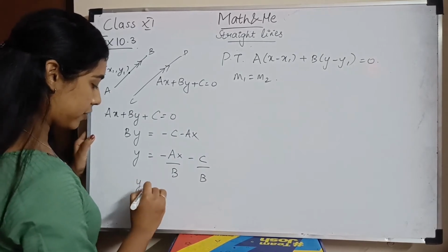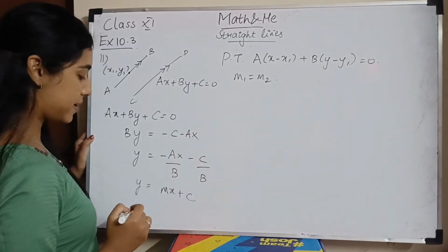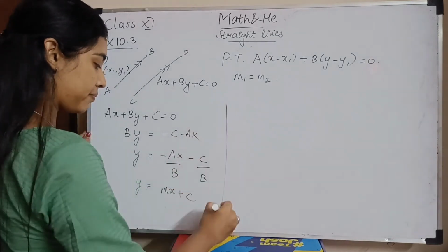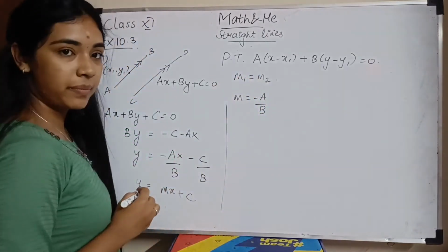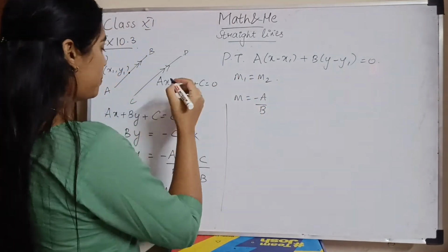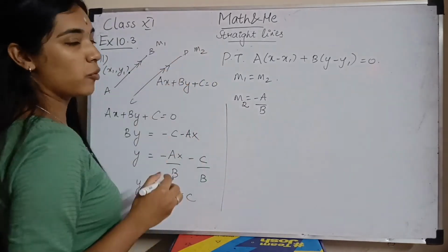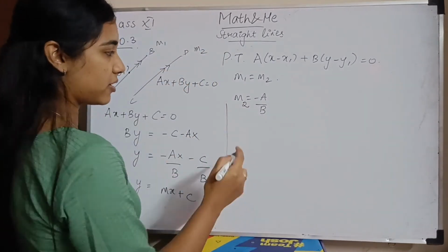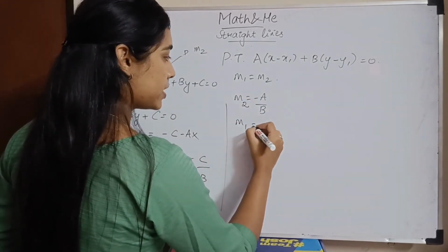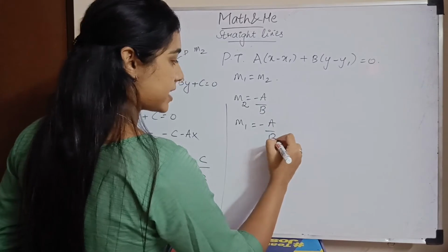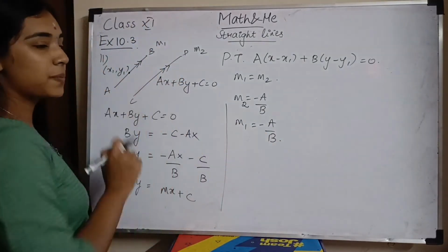I want it to be of the form y equals mx plus c, that's why I rearranged this. So what is your m? Your slope is minus a divided by b, which is in our case slope M2. Let this have slope M2, let this have slope M1. So since your M2 is minus a by b, M1 is also minus a divided by b. This is the slope of this particular line.